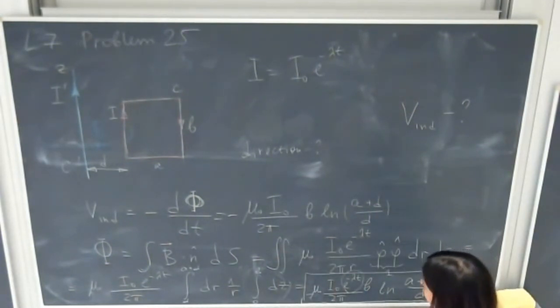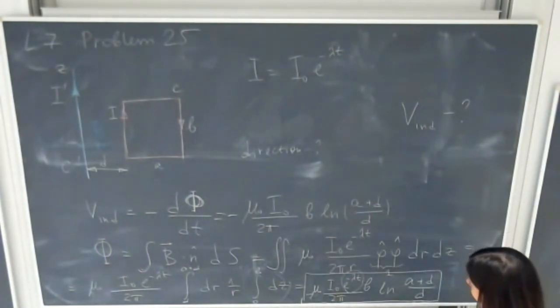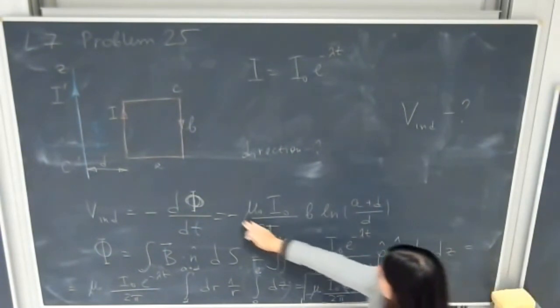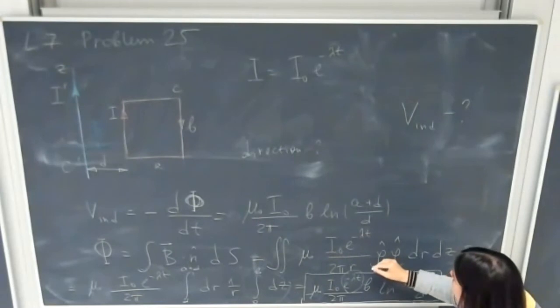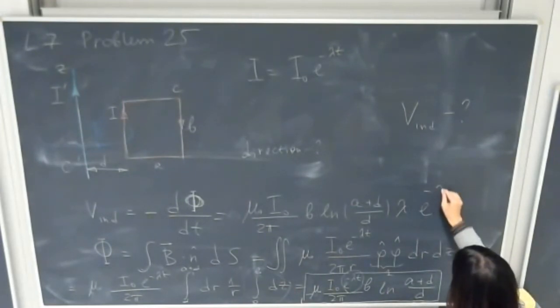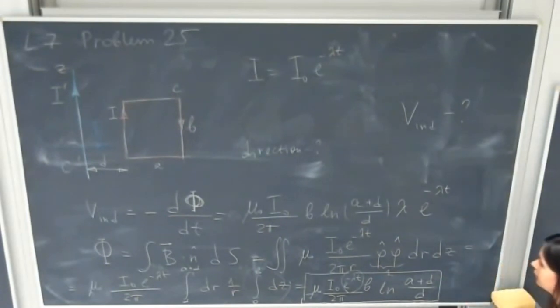And to take a time derivative, we just take this out, so it will be times minus lambda and times the same exponential.